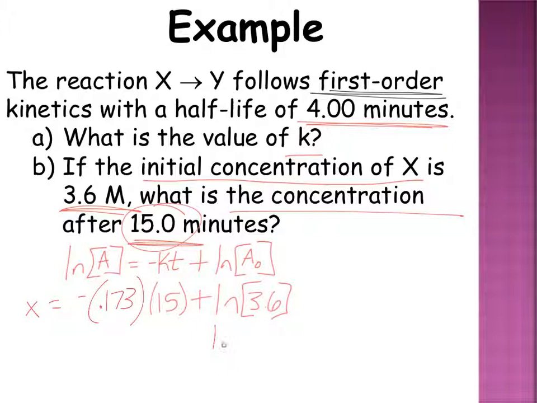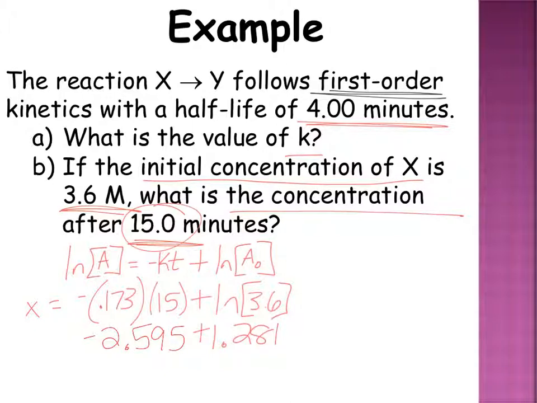Okay, so we got 1.281 here, and then over here, our K and our T give us negative 2.595. If we combine that, let me get my calculator out.